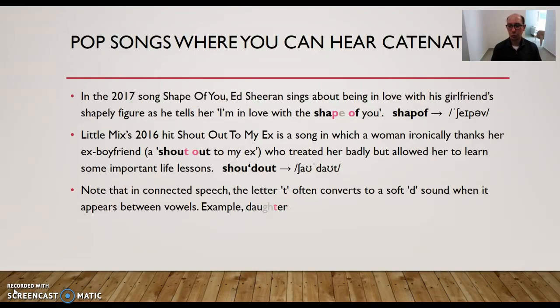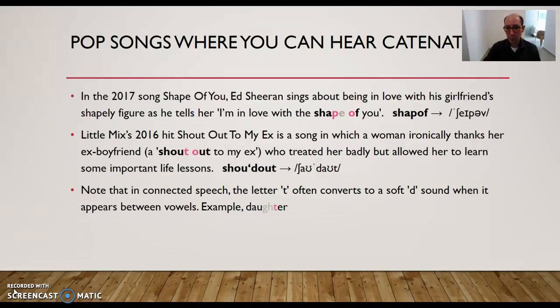For example, "daughter." We have D-A-U-G-H, and in English the GH in the middle is silent. Then we have the T, and then another vowel, which is E. So it sounds like "daughter." So this is the class today.